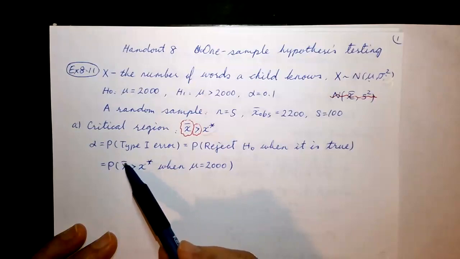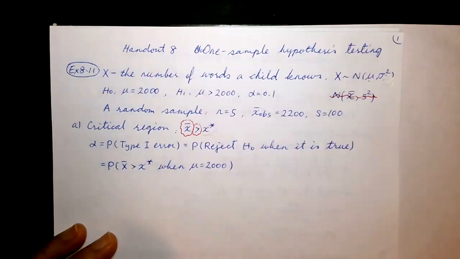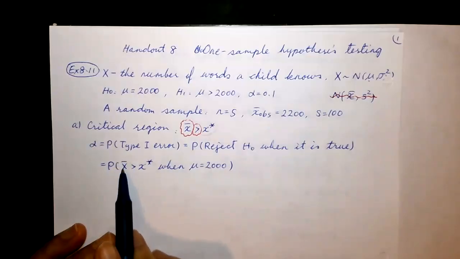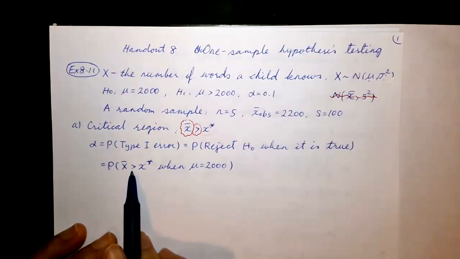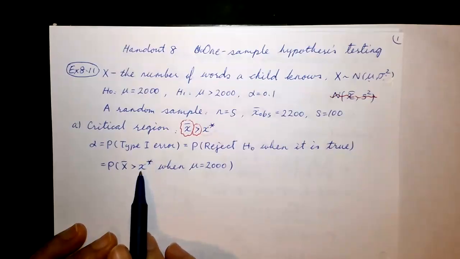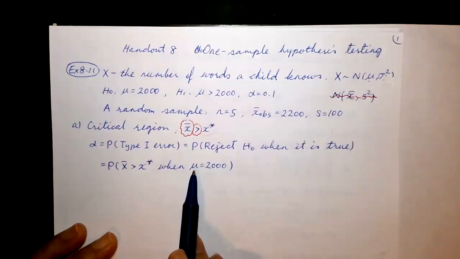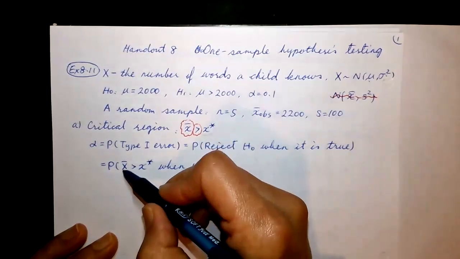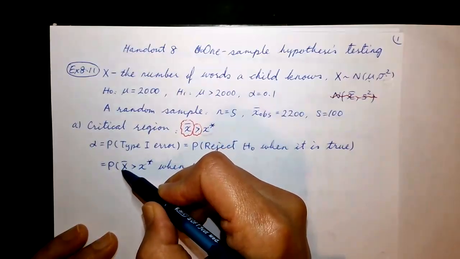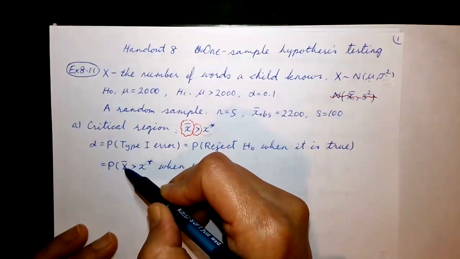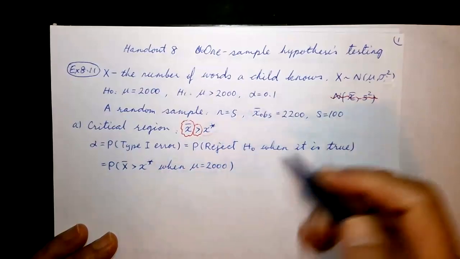This sample mean, capital X bar, is whatever sample you get. That average, so any sample's average, this is a variable, right? The variable is greater than an unknown constant. So this is a number that we are going to find. When mu, what is mu? Population mean. When the population mean is 2000. We need to use this variable and find the probability that this variable is whatever.